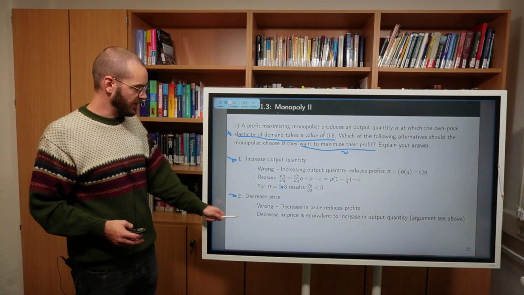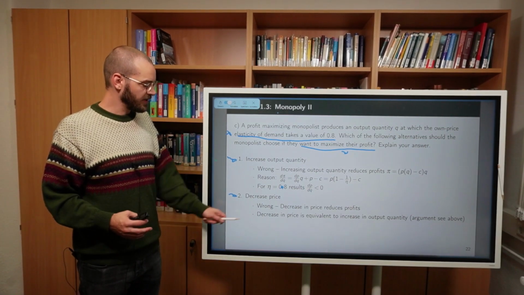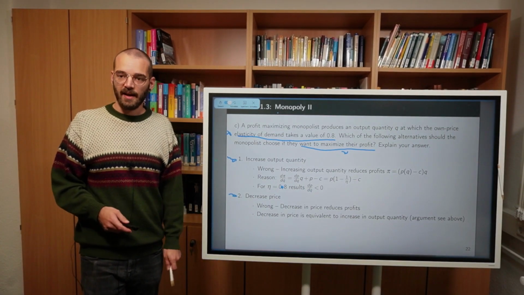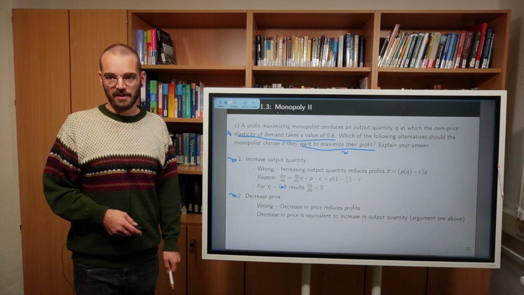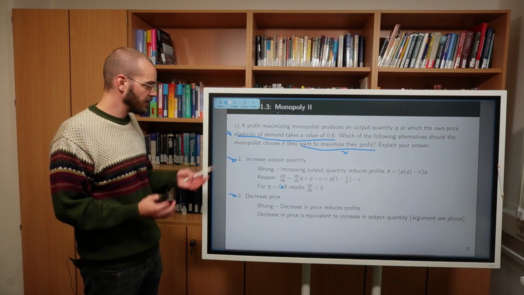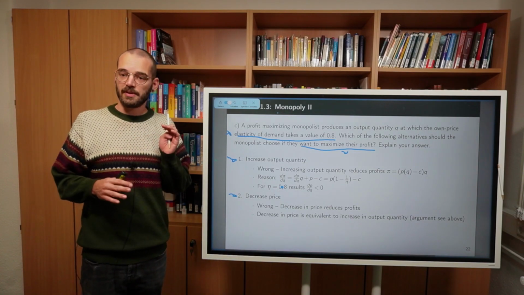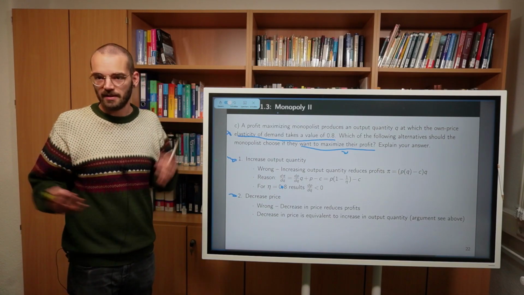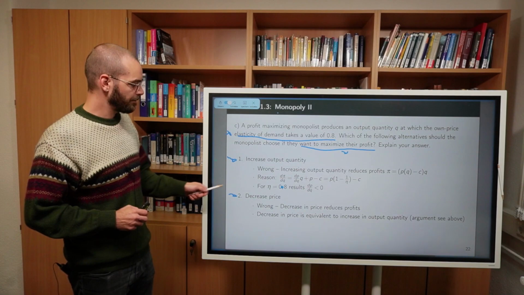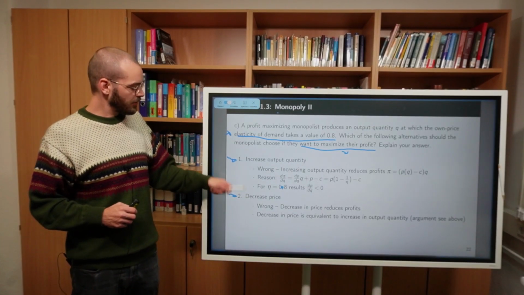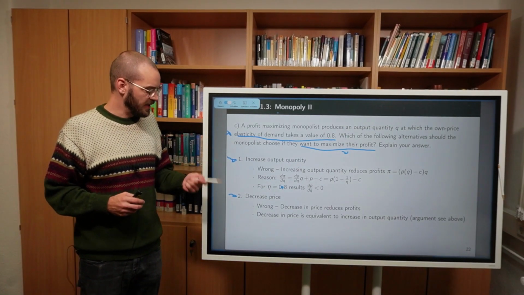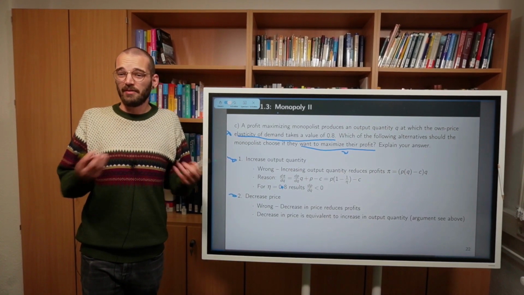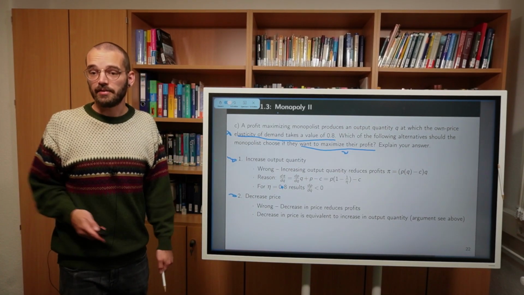And the analytical answer to this question is exactly the same as it is for the first proposition. Simply because, again, in this monopolist's world with a downward sloping demand function or inverse demand function, it doesn't matter in this case, the increase in output quantity is exactly the same or equivalent to a decrease in prices.